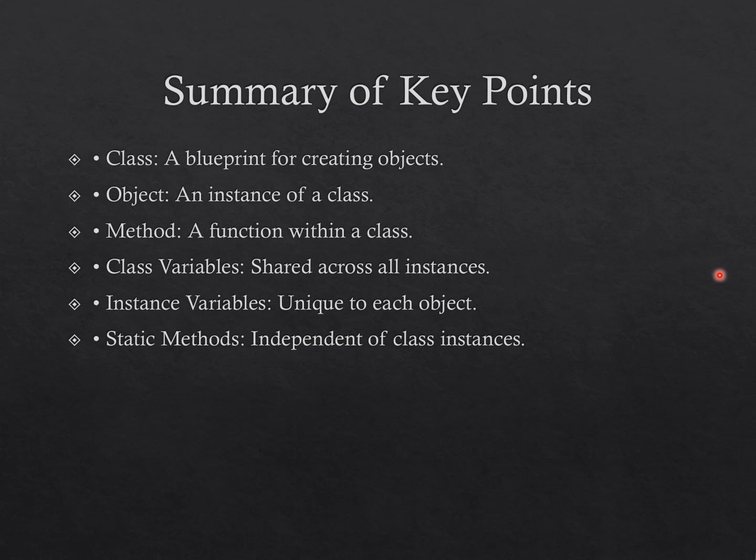Instance variables are unique to that instance or unique to that object, and static methods are independent of class instances, so they are not specific to objects created from that class.